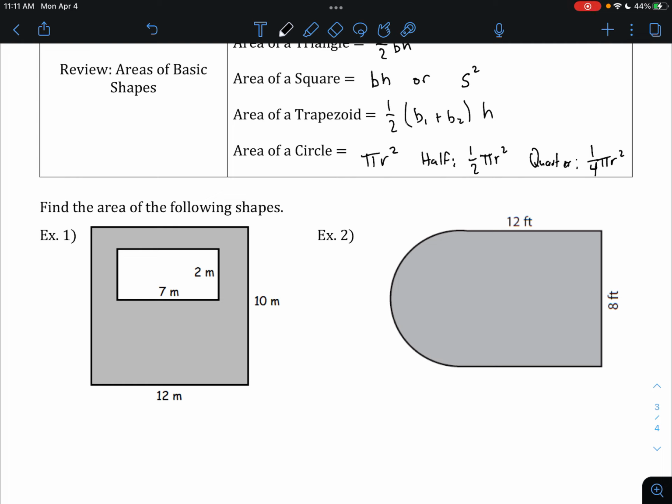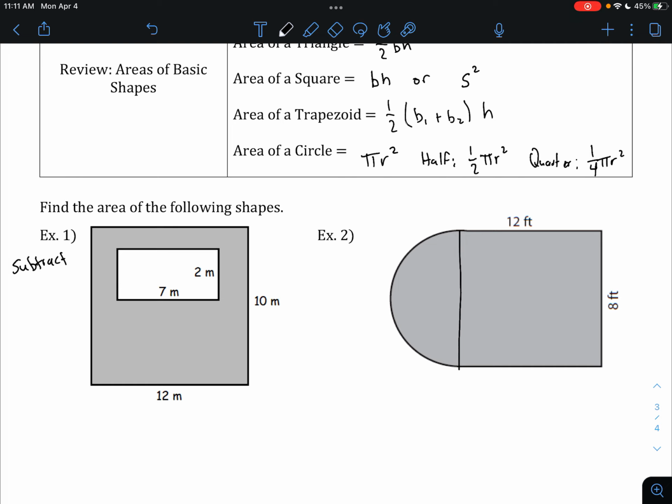That's what question 2 is like. We have a half circle and we have a rectangle. So those half circle and rectangle, when combined, make a bigger shape. We also have shapes like example 1, where one shape has been taken away from the other shape. It has been removed from the other shape. So if we remove something, we're going to subtract.